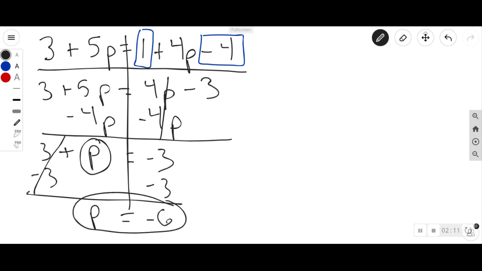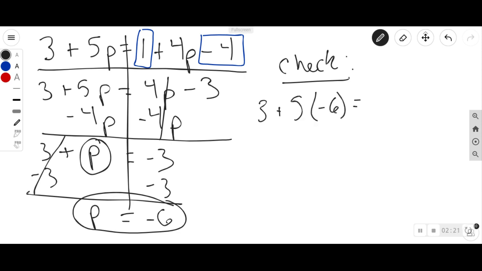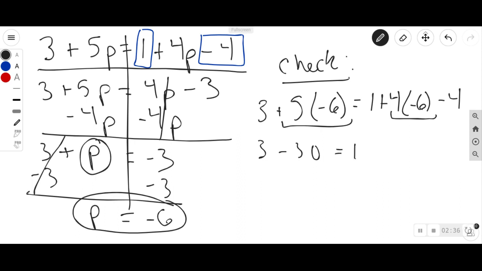So there's my answer. Now remember, in order to check this, I'm going to plug it in. 3 plus 5 times negative 6 equals 1 plus 4 times negative 6 minus 4. I've got this multiply and this multiply to do. So 3 minus 30 equals 1 minus 24 minus 4.